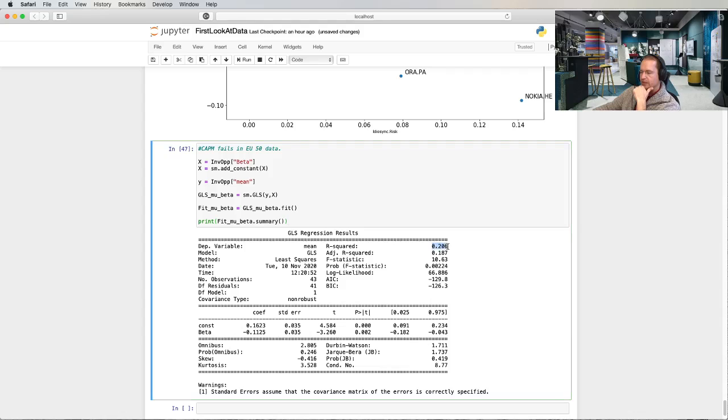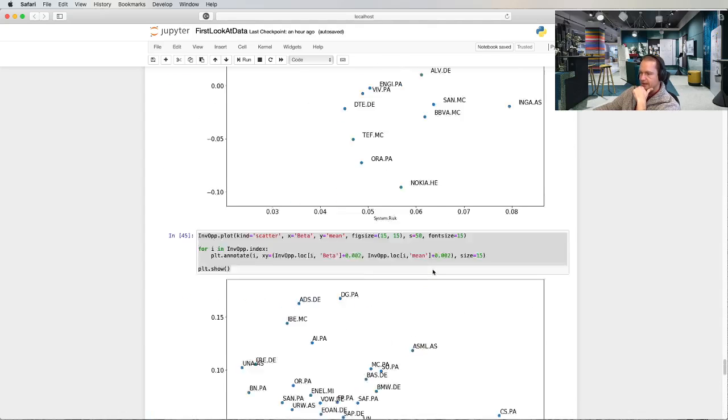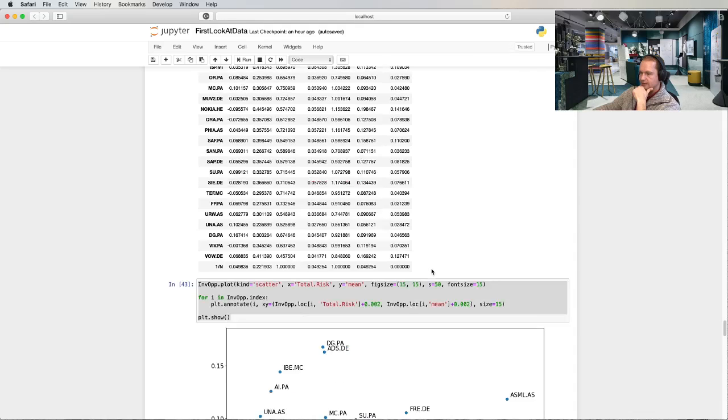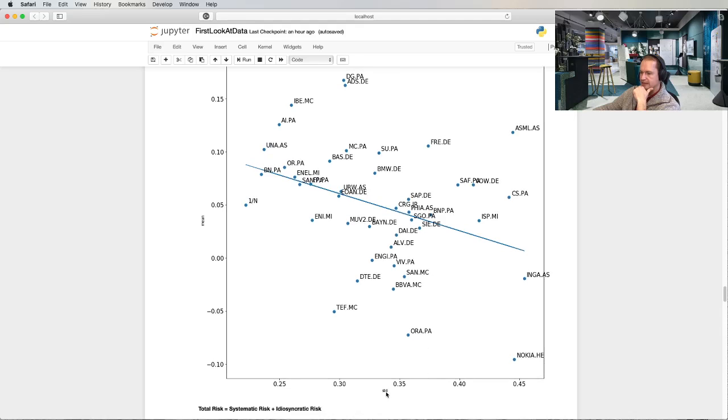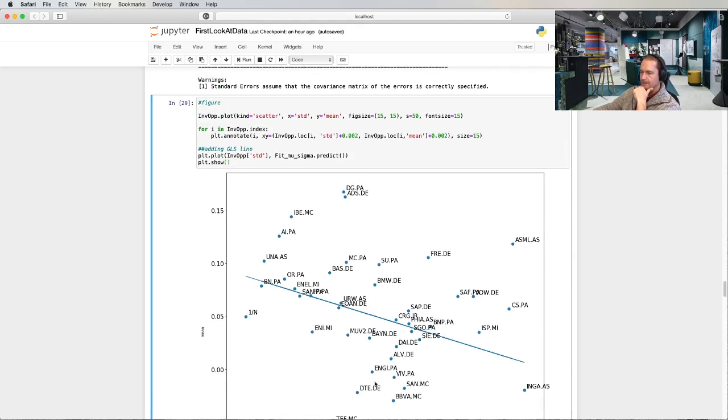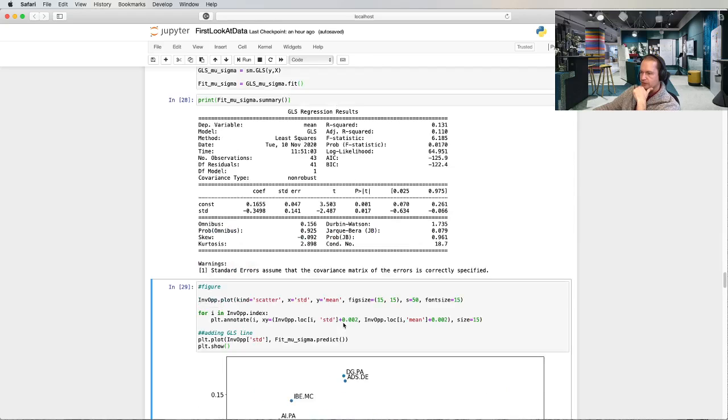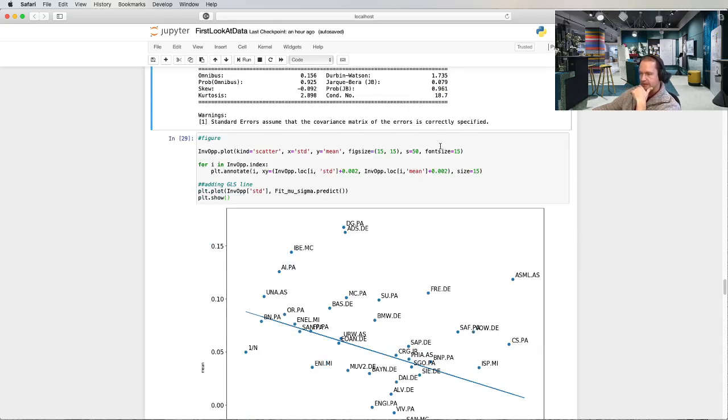And you see the regression has a 20% R square. Previously in the video sequence, we also regressed it on the standard deviation, so total risk, or the square root of total risk, and the R square was like 11 to 13%. So that's good, right?